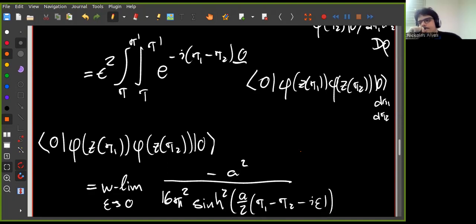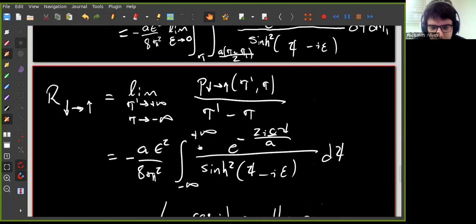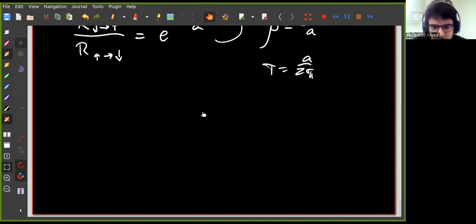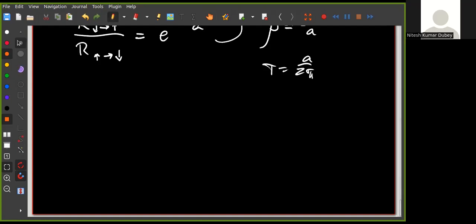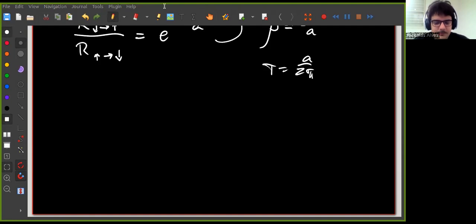I have a guess of a paper that might do this a bit more rigorously. Not exactly this calculation, but it works with particle detectors in a more rigorous way, which is, let me find it here.